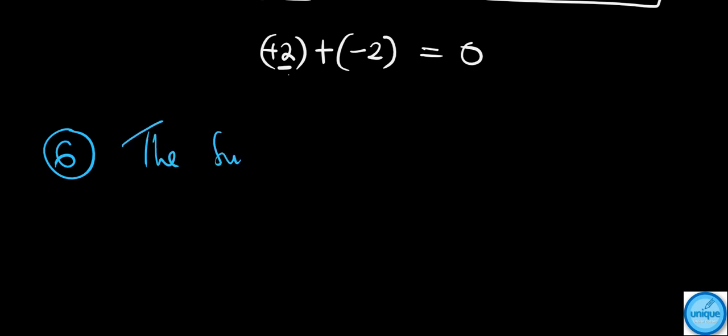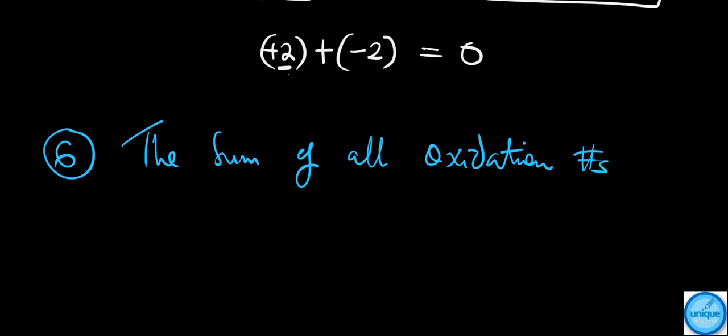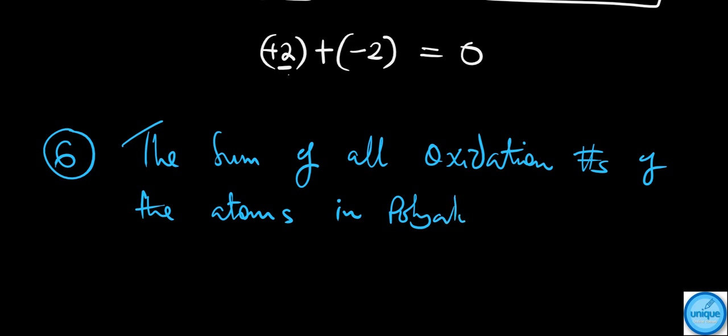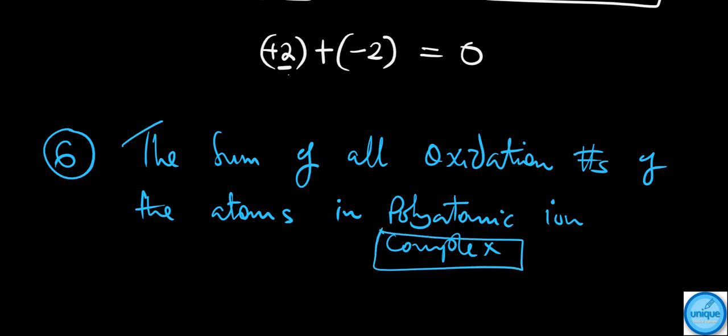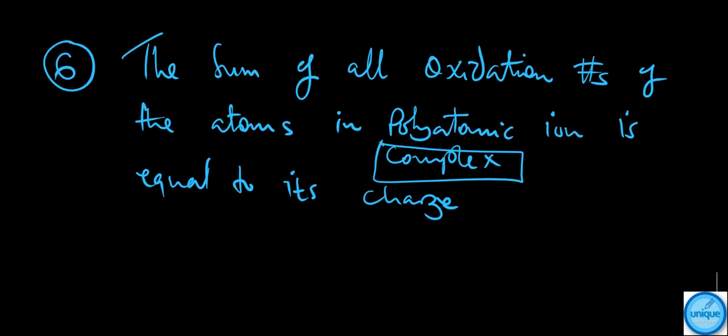So the sum of all oxidation numbers of the atoms in a polyatomic ion, sometimes called a complex ion, is equal to its charge. That is, the charge of that ion.